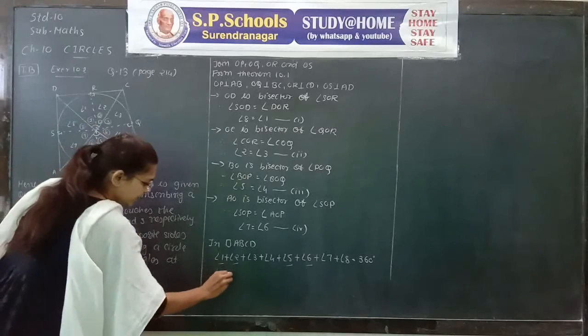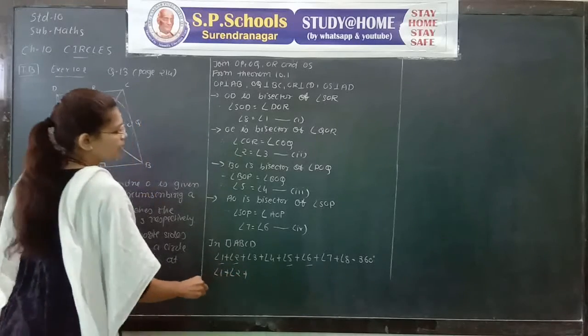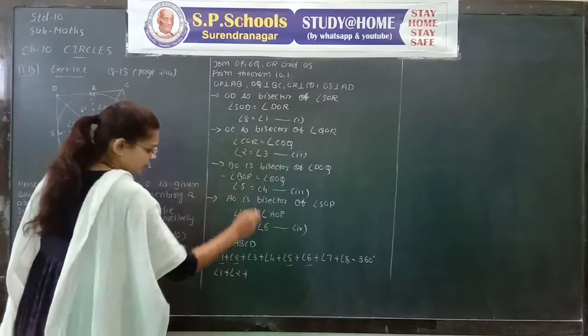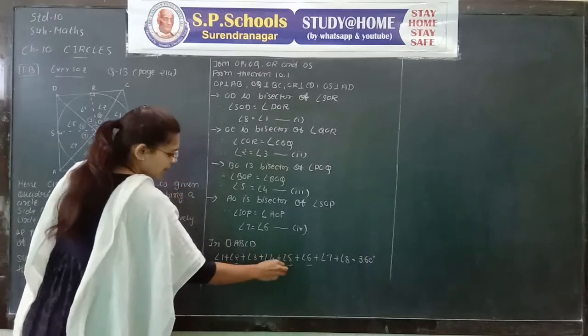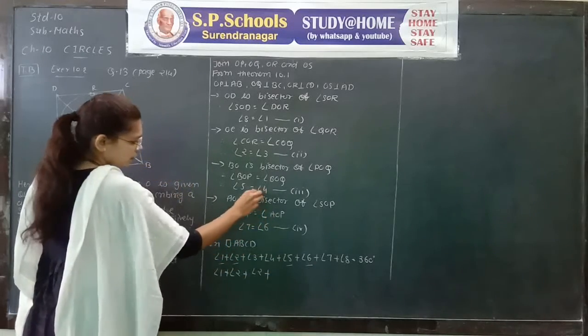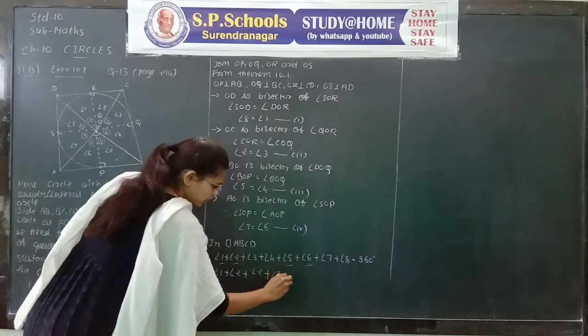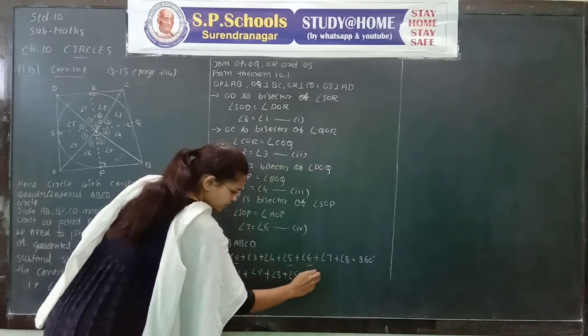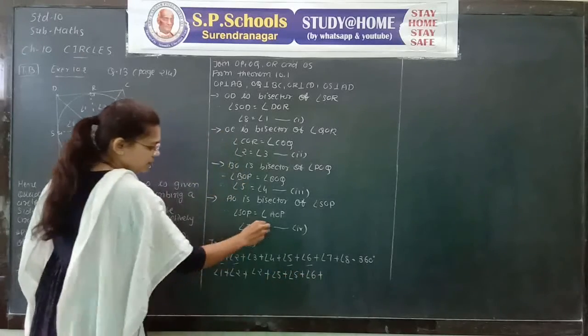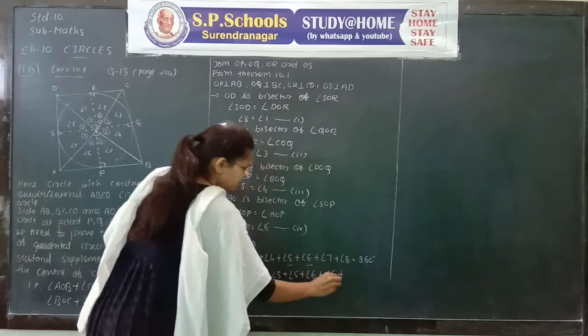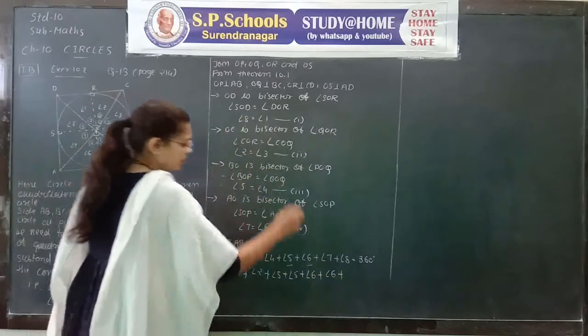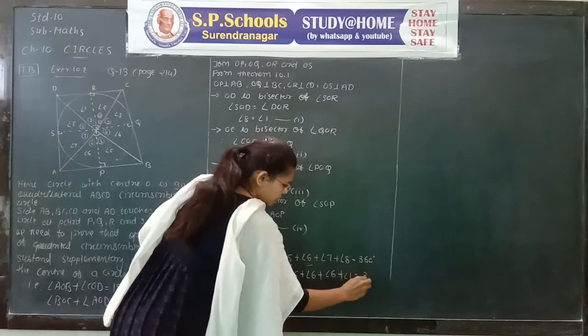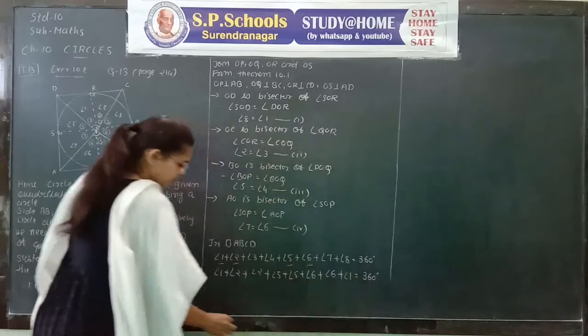Angle 1 and angle 2 remain as they are. Angle 3 is replaced with angle 2, angle 4 is replaced with angle 5, angle 5 and angle 6 remain as they are, angle 7 is replaced with 6 and angle 8 is replaced with 1, equal to 360 degrees.